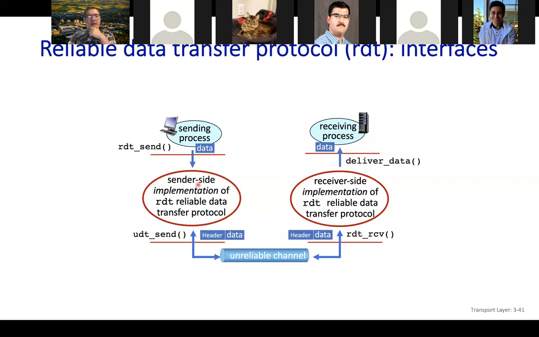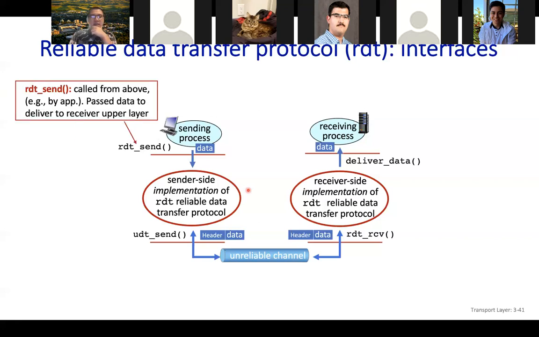So this is the sender side implementation of the reliable data transfer protocol, and the receiver side implementation of the reliable data transfer protocol for this layer, but we have the unreliable channel here, okay? You need to remember what RDT means and what UDT means.